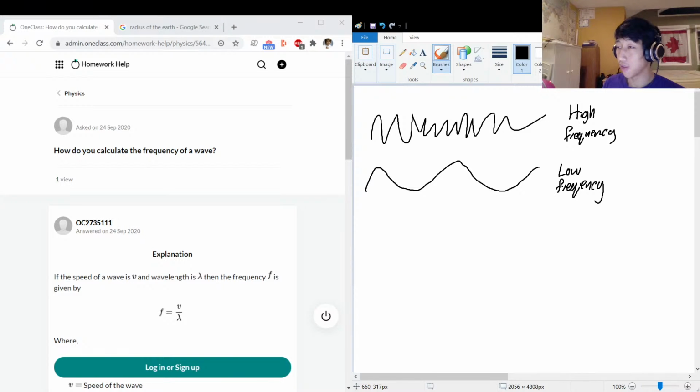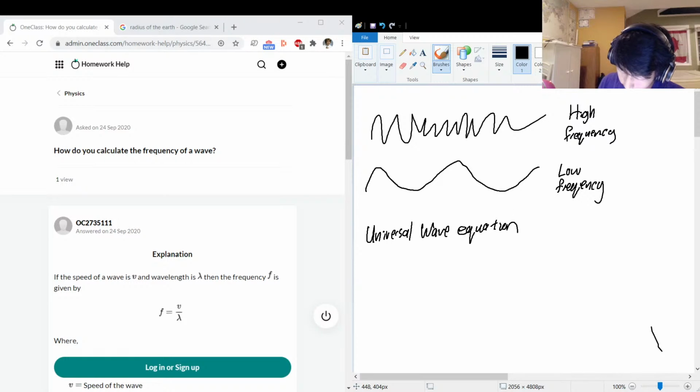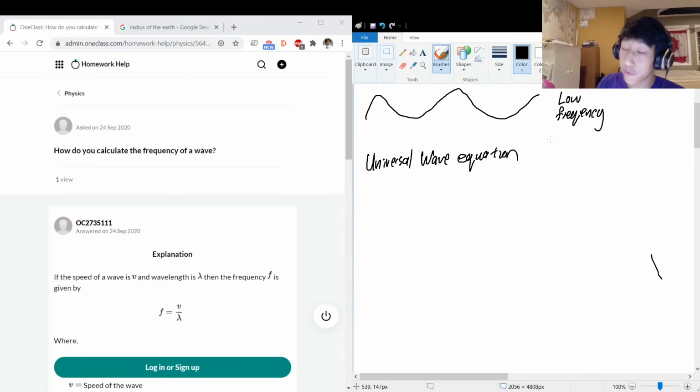Okay, now let me first introduce you to the universal wave equation. The universal wave equation is f, the frequency, is equal to velocity divided by lambda.